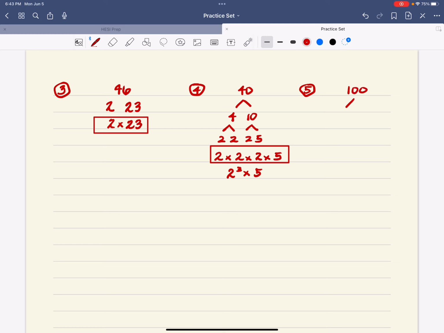100. To me, that's a 10 times a 10. And each of these break down to 2 times 5. So 2 times 2 times 5 times 5. Or you could write that as 2 squared times 5 squared.